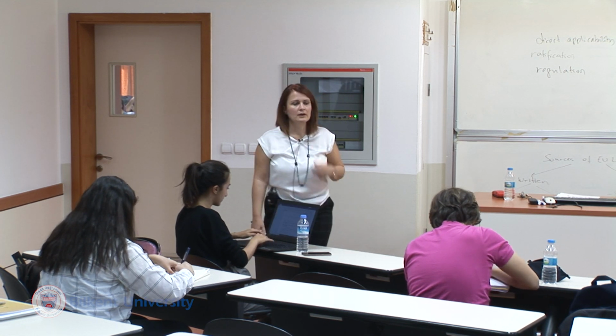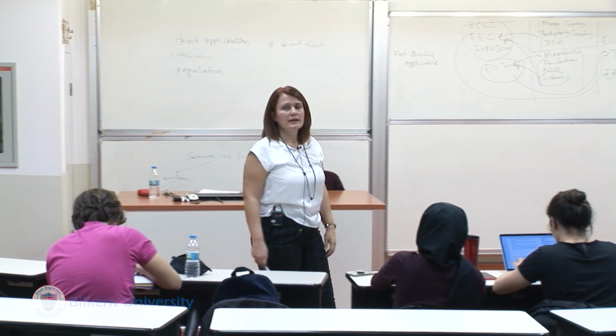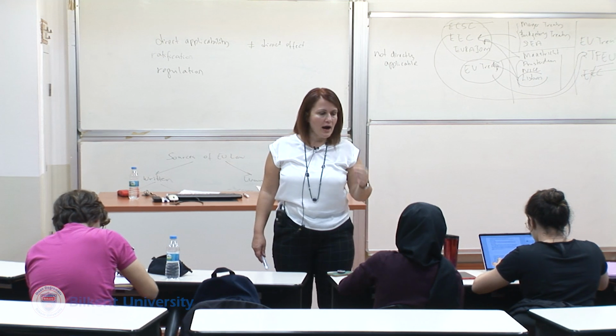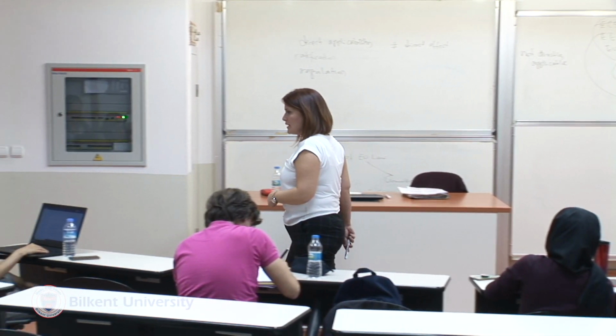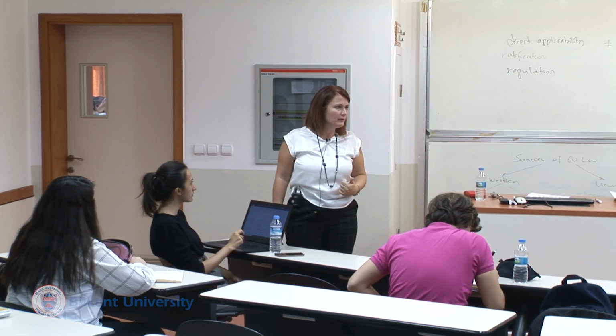For example, imagine that a French individual claimed his rights before the national court, saying that Article 12 gives rights to him, and he wants these rights to be implemented by the French government, okay?